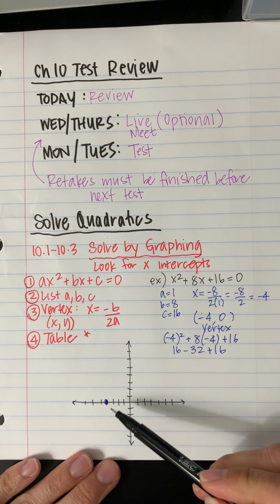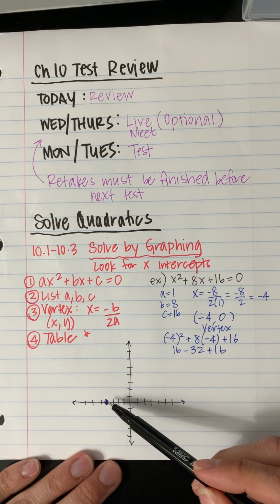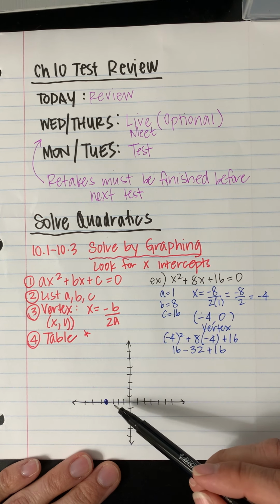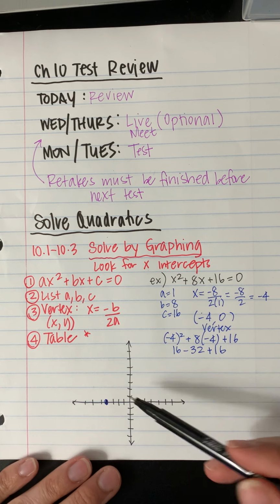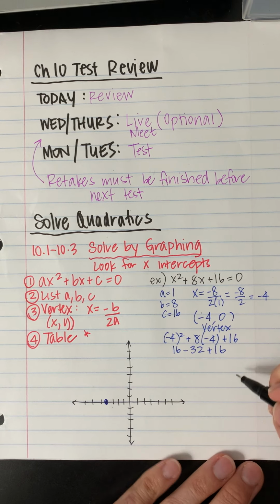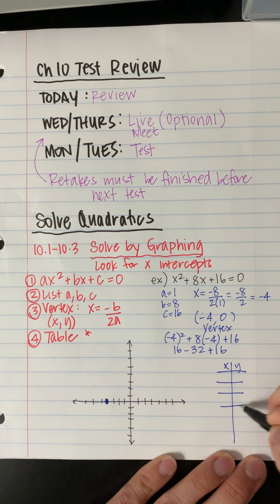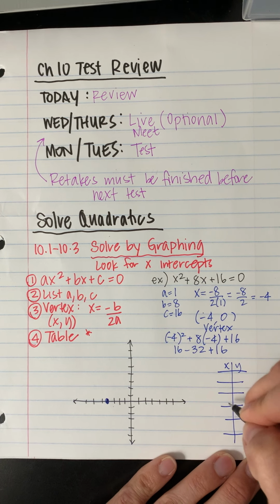In this case, it actually also happens to be an x-intercept, so that actually ends up being my solution as well. So kind of if I was solving by graphing, I'd be done. The answer would be negative 4. But just to kind of practice, I still want to show you guys the table of values, because like I said, a lot of you missed that when we were doing the homework.